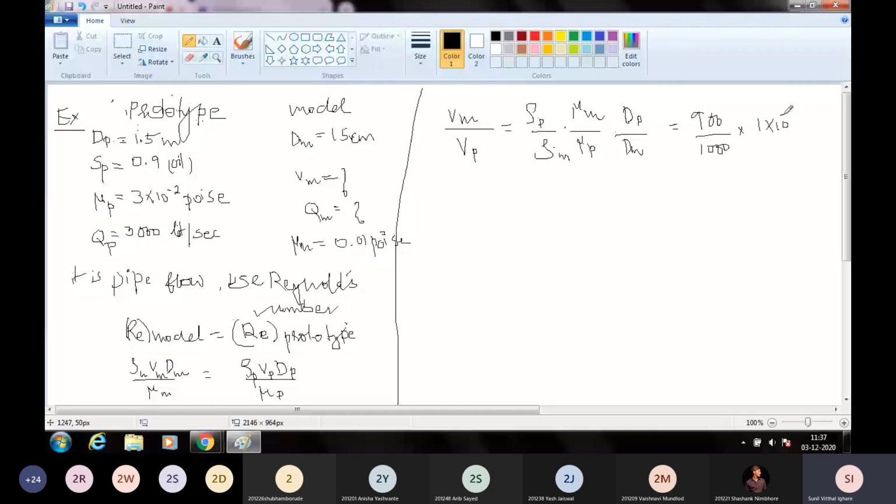If I write it as 0.01 or 1 into 10 to the power minus 2, it is the same. Divided by 3 into 10 to the power minus 2.